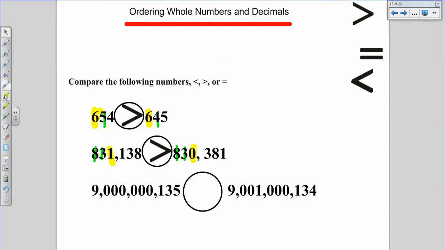And in my last one, I can quickly see that the millions place is going to be the first number that's different. So 9,135 is less than 9,100,134.